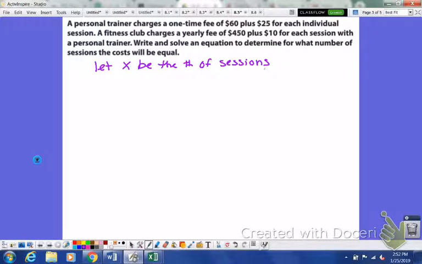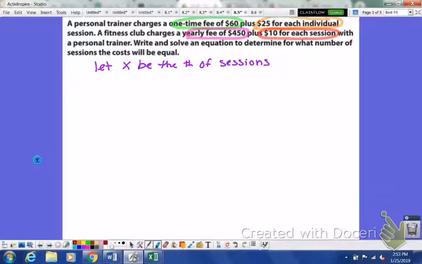So if I look at my first situation, we have a one-time fee of $60 plus $25 for each session. Okay, so if I look at my second situation, we have a yearly fee, so it's a one-time fee again, of $450 plus $10 for each session.